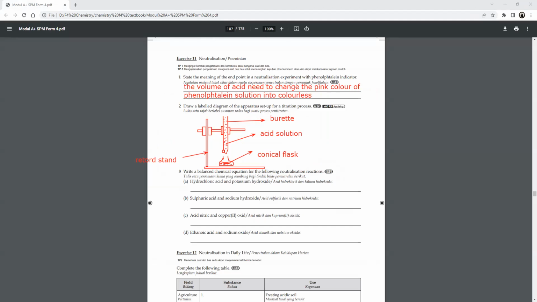All right, write the balanced chemical equation for the following neutralization reaction. Hydrochloric acid and potassium hydroxide, HCl.